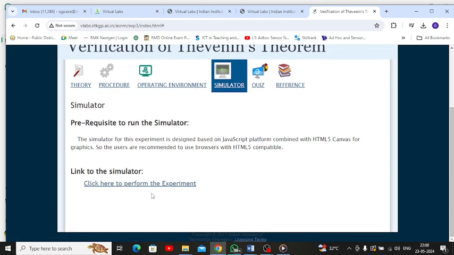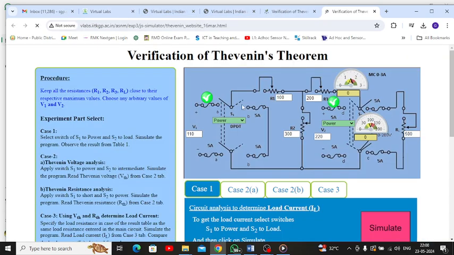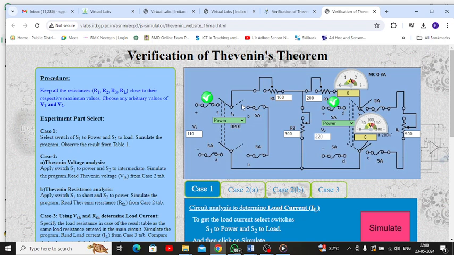Getting into the simulation part, as discussed already, we work with the HTML5 canvas for getting the graphics image. So this is a generalized circuit we have. Let me give some values for the resistances R1, R2, R3 and RL.